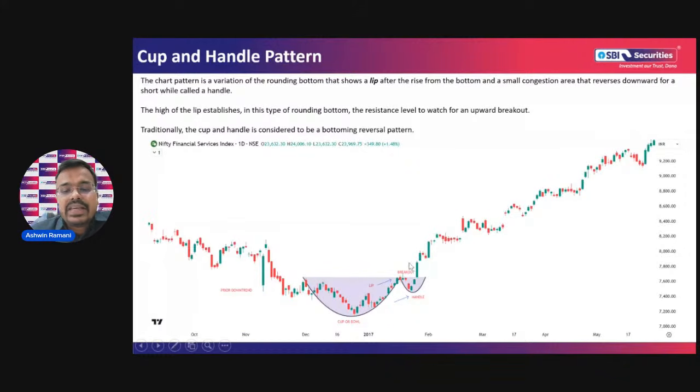The moment it breaks out and closes above, that is where you enter. Just below the lip is where you keep your SL. You take the distance from this low until this high, and you will get the measured rule target for a cup and handle pattern. So if it comes right after a downtrend, it's a reversal pattern.